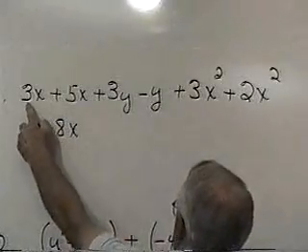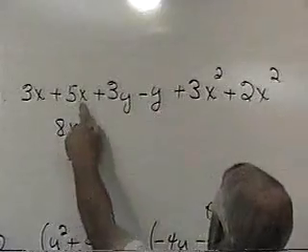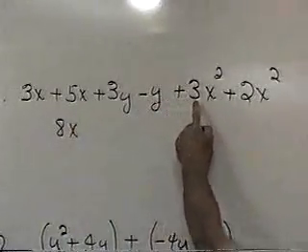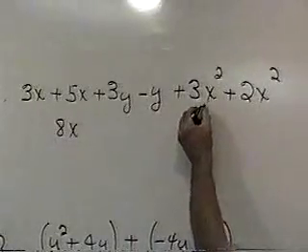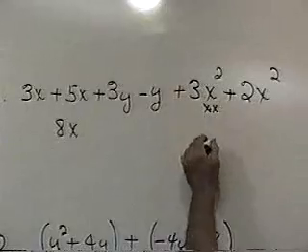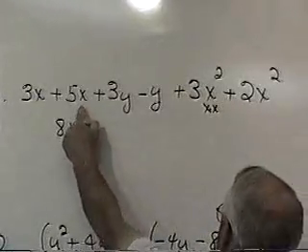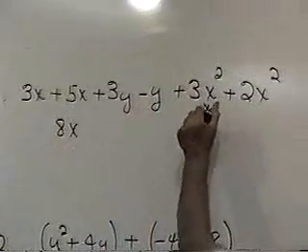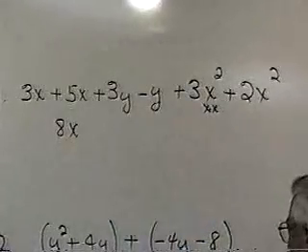This represents 3 times x, 5 times x, 3 times y, a minus 1 times y, 3 times an x squared. What does x squared mean? x squared means x times x. So that's a different breed of cat than this over here. So you cannot add things together unless all this letter part right here is exactly the same.